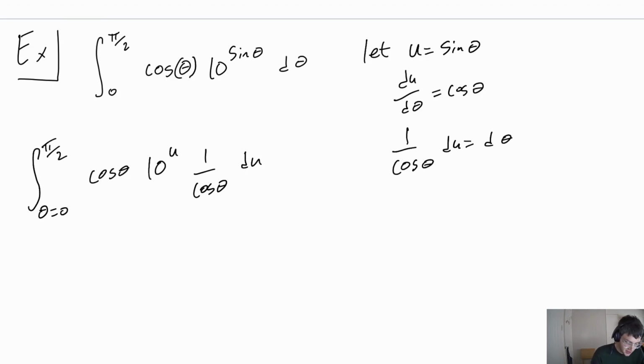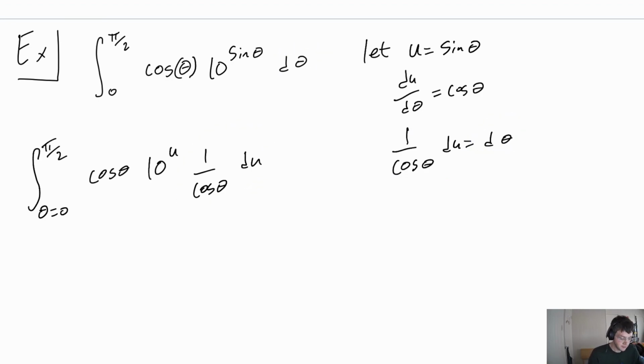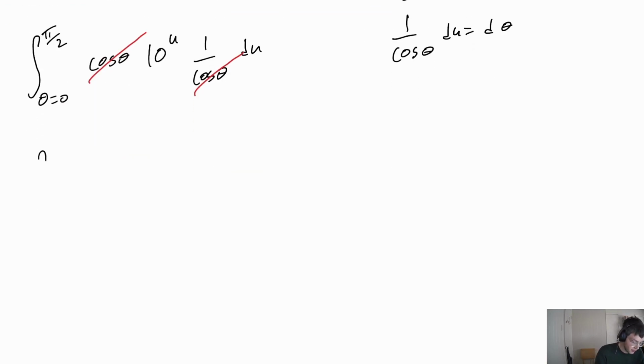So again, I'm just plugging in u for sine theta here in the function, and I'm plugging in 1 over cosine theta times du for d theta here. Luckily, our cosine theta and our 1 over cosine theta cancel out, and so we're left with the integral as theta goes from 0 to pi over 2 of 10 to the u du.